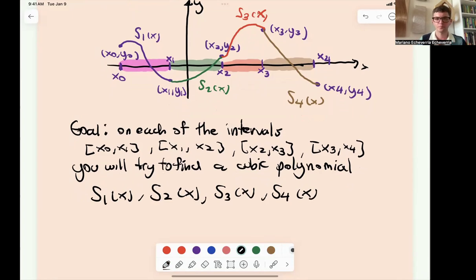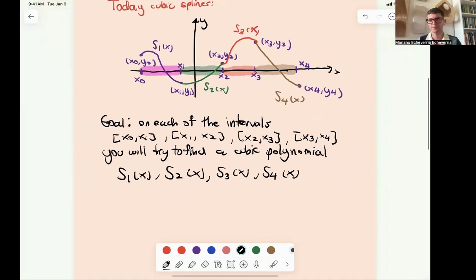Okay. Each of them will be a cubic polynomial, and they will have the following three properties. The idea is that each of the polynomials passes through the corresponding points.